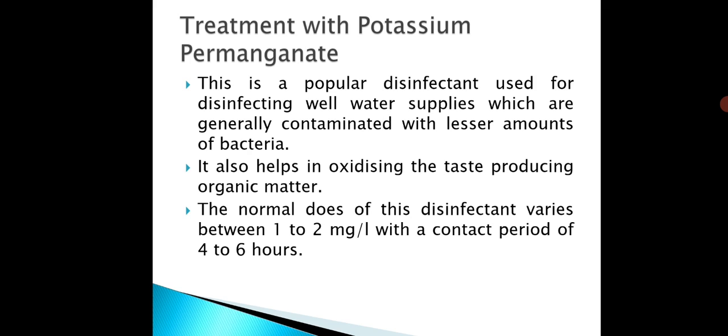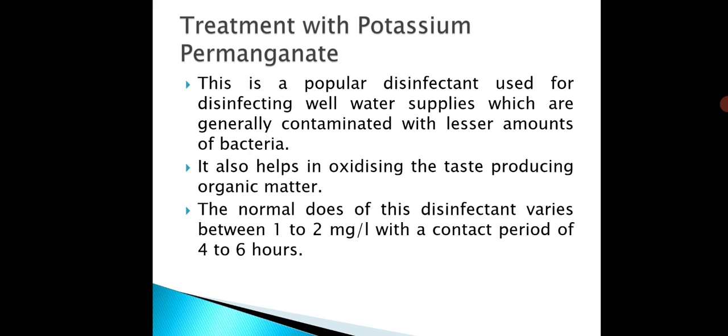Next method is treatment with potassium permanganate. Potassium permanganate is a popular disinfectant and it is generally used for disinfecting well water supplies in villages which generally contain a lesser amount of bacteria. And it also helps in oxidizing the taste producing organic matter.